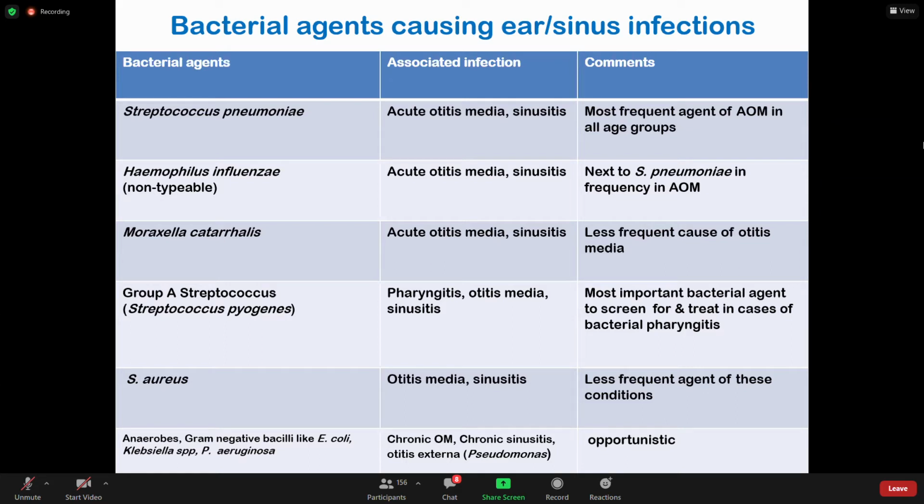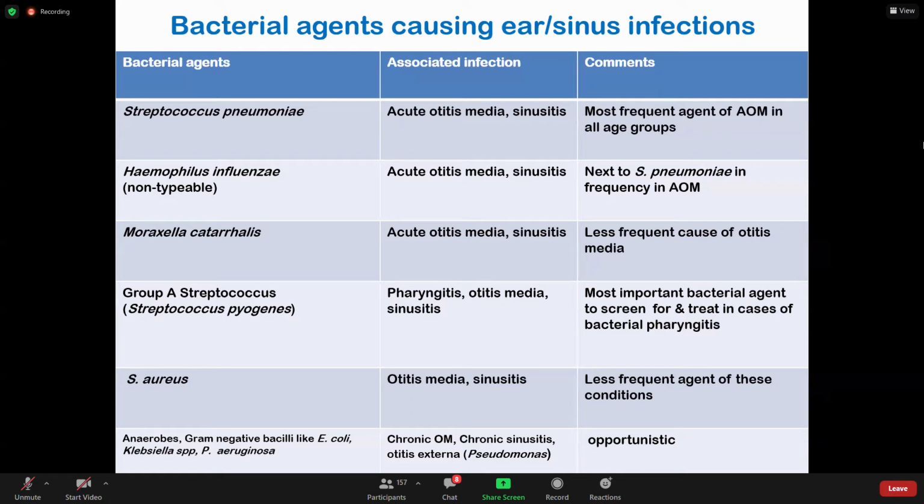They do not cause things like meningitis and sepsis. These agents are implicated in acute otitis media and acute sinusitis, and they come right after strep pneumo as a frequent cause of these conditions. Moraxella catarrhalis can also cause acute otitis media and acute sinusitis, but they are less frequent agents of infection.